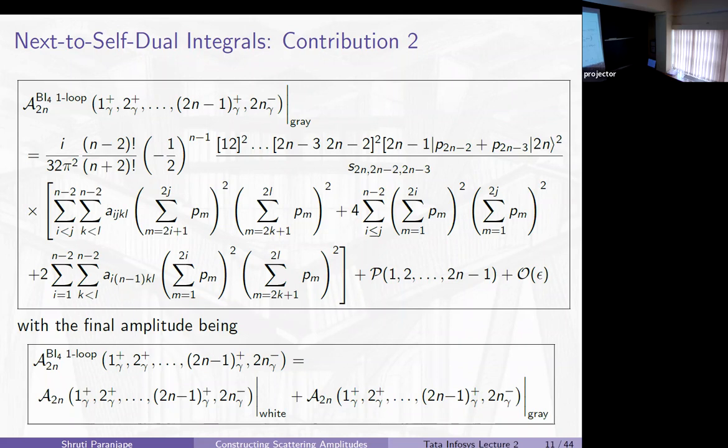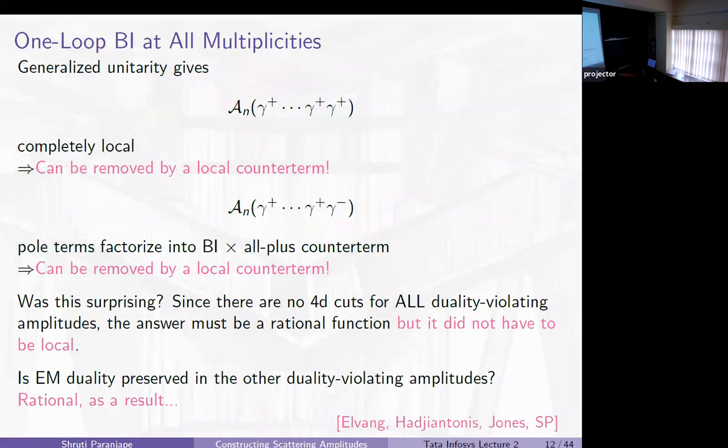And when you do them, again, unlike last time, you can see over here in the denominator there's some Mandelstam, right? So now we have to check what exactly happens on this pole, and whether it is a truly local contribution. One finds that this factorizes correctly into this counter term times just the regular Born-Infeld vertex.